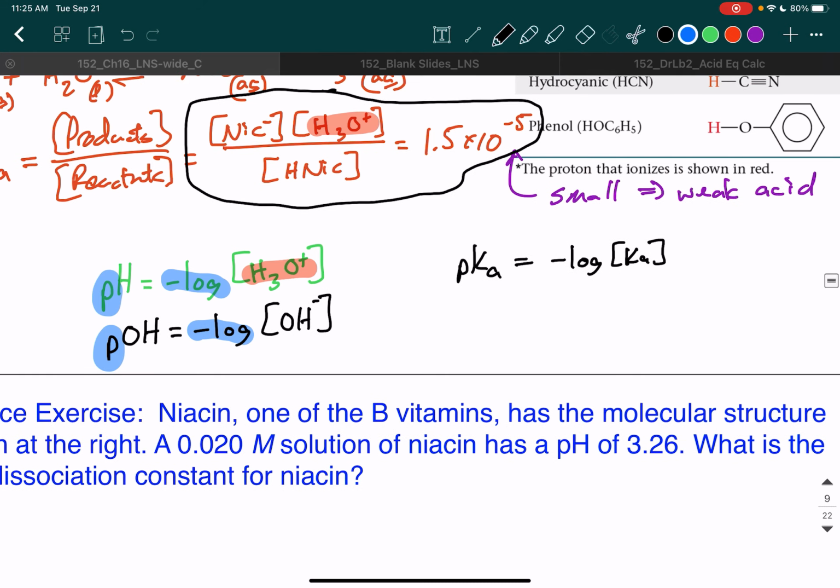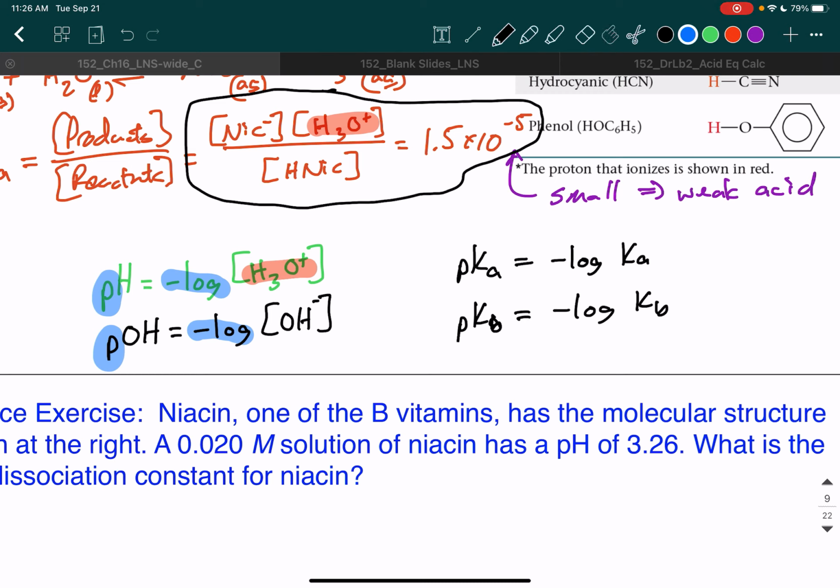If you say pKb, it's the negative log of something called the Kb. So pKb would be the negative log of the Kb.